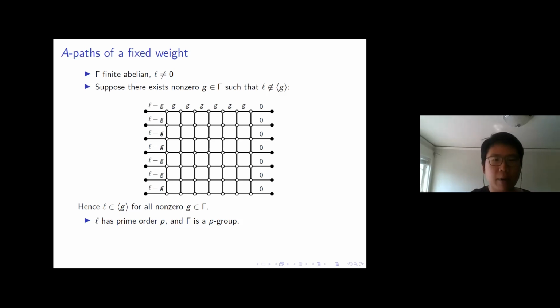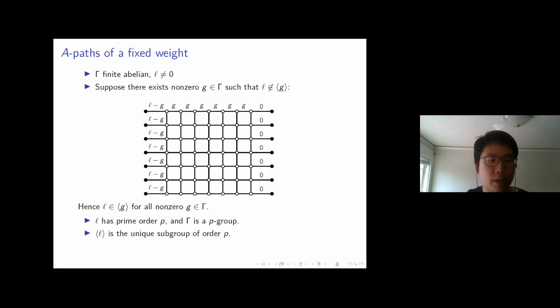And gamma has to be a P group, which means the order of every element in the group has to be a power of P. Because if there was some distinct prime that divides the order of the group, then you just choose some element of order that other prime, and that's not going to generate L. So gamma turns out to be a P group.